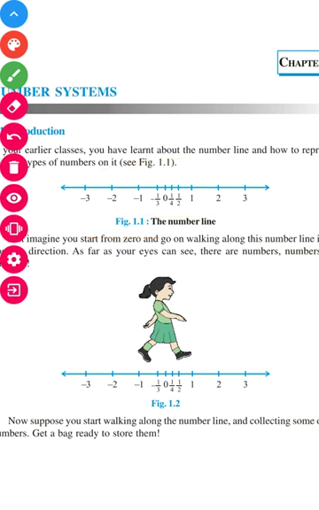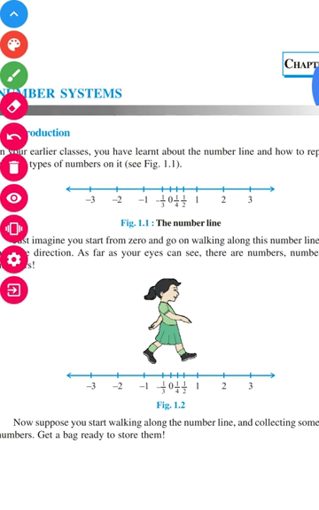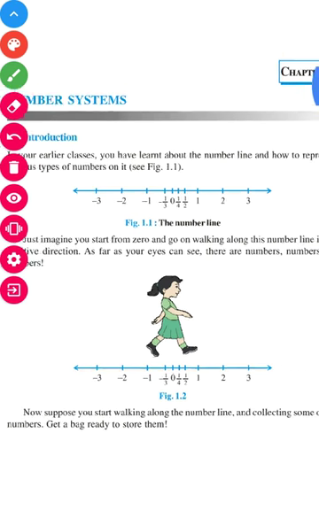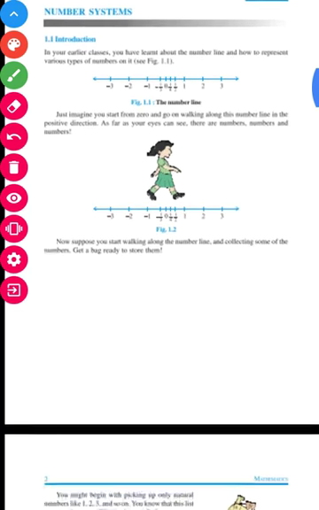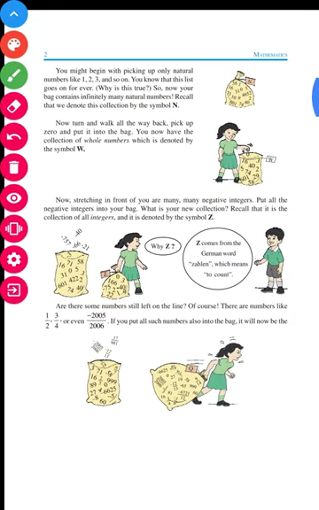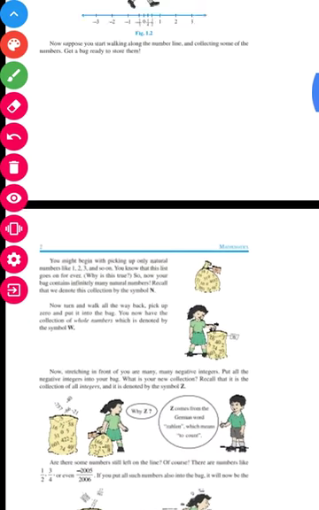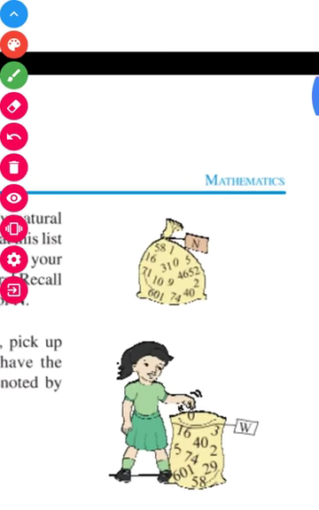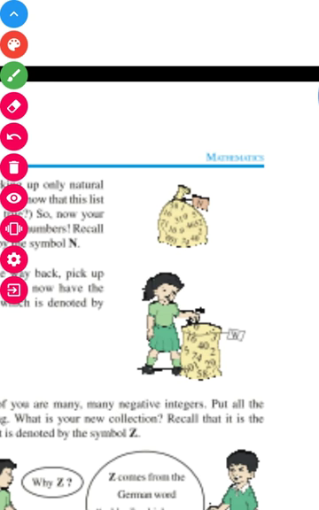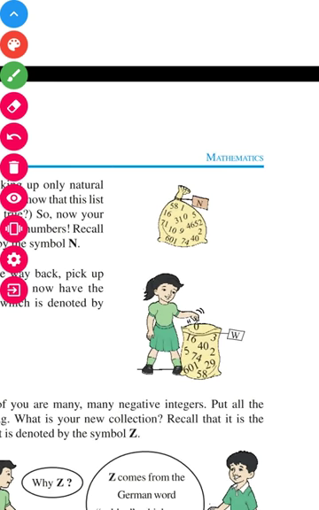We consider them as the rational numbers. If we deduct the rational numbers, we are left with the integers, like -3, -2, -1, 0, 1, 2, 3, 4, not the fractional numbers. Here they tell us the same thing. Here are the natural numbers, where you can see there is no negative number.